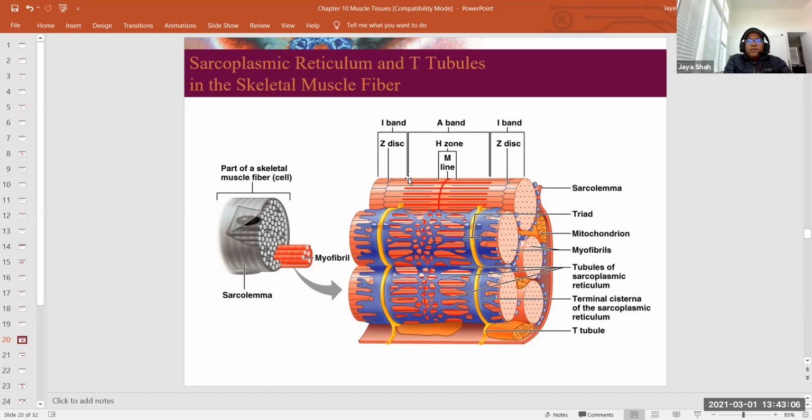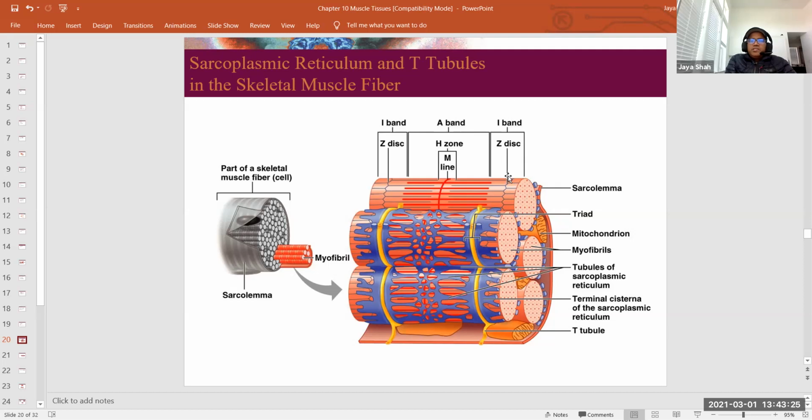Now, the anatomists, to make it easier to explain to others, have given names to these units. That's all it is, just naming. So this protein is called the Z disc.